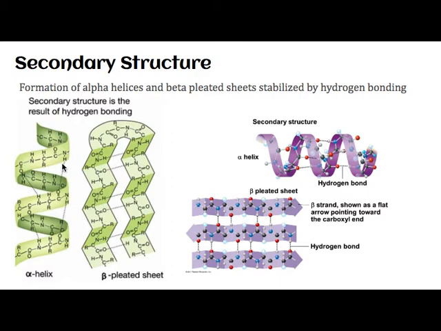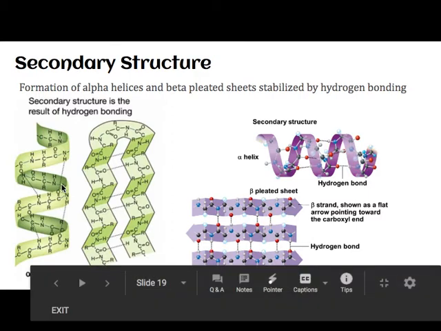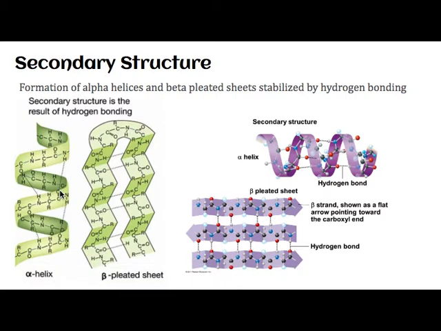So it means it can bind to another area here in your amino acid, in this case, the carboxyl. Remember carboxyl is COOH. It also has an H bound to a NOF, an oxygen. So you can form hydrogen bonds here between the amino group and the carboxyl group.